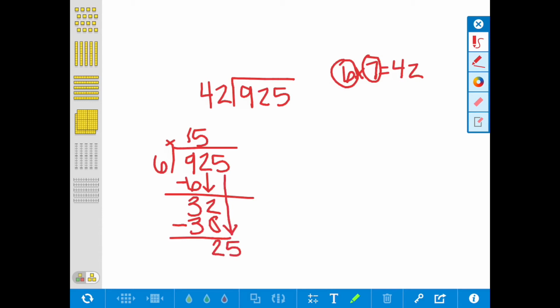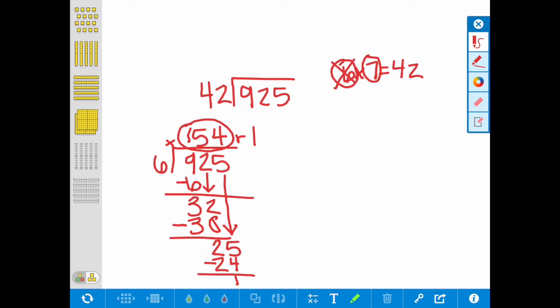We're going to bring down our 5. How many times will 6 fit into 25? 6 will fit into 25 4 times, leaving us with a remainder of 1. Do not worry about the remainder of 1 just yet.